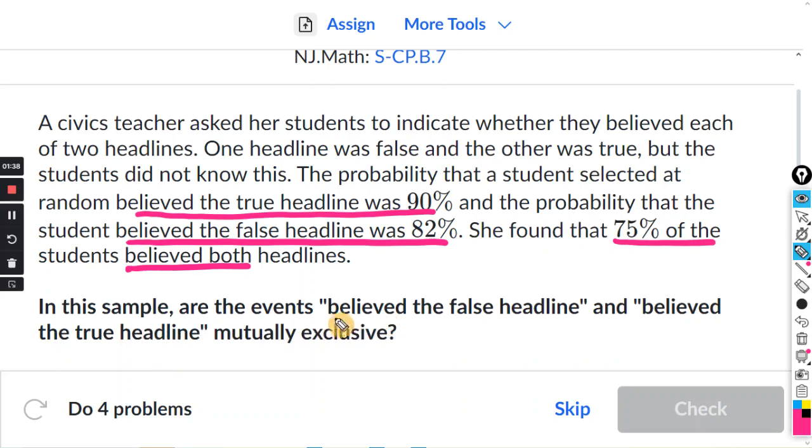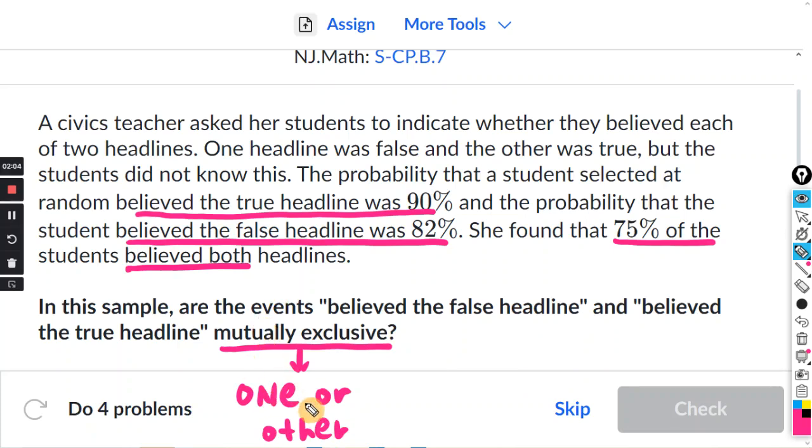In this sample, are the events believe the false and believe the true mutually exclusive? Well, we said mutually exclusive means no overlap. In other words, it's going to be one or the other. Now, in this case, is there no overlap?